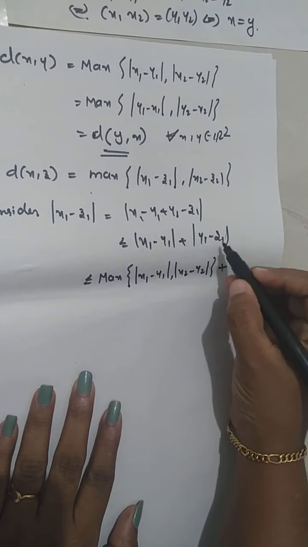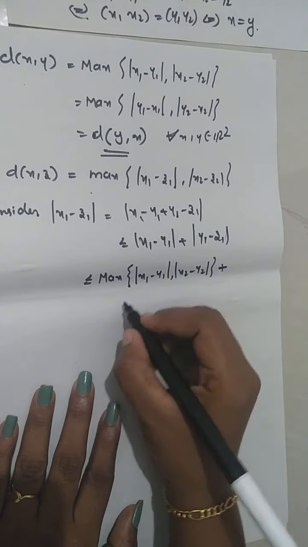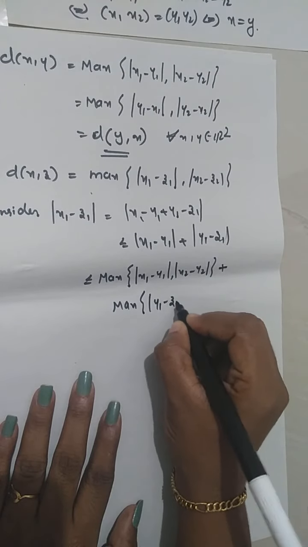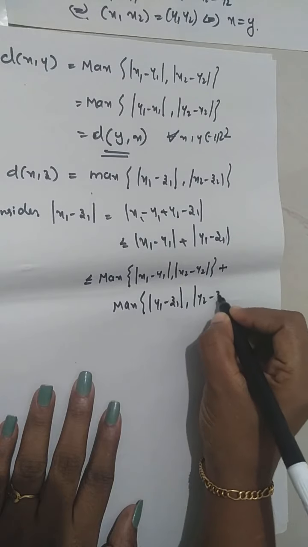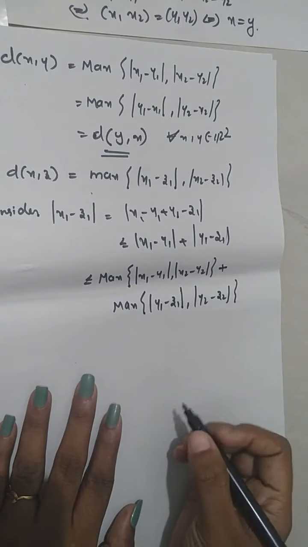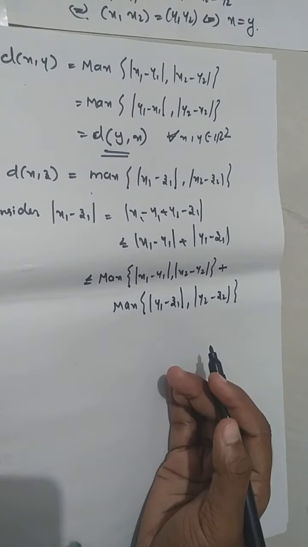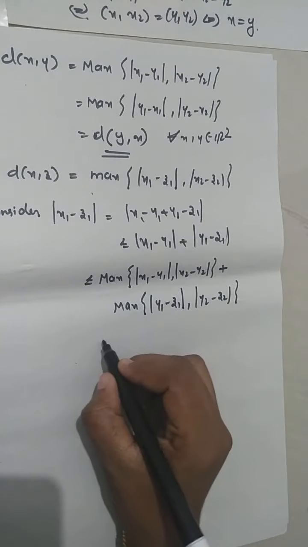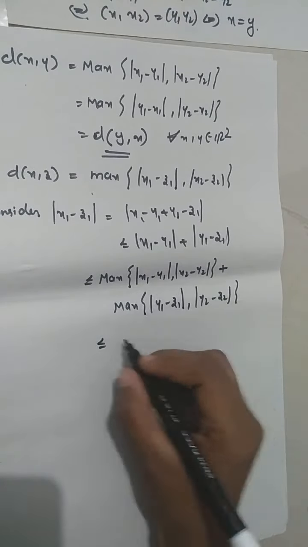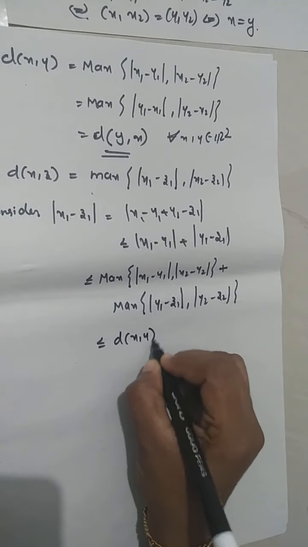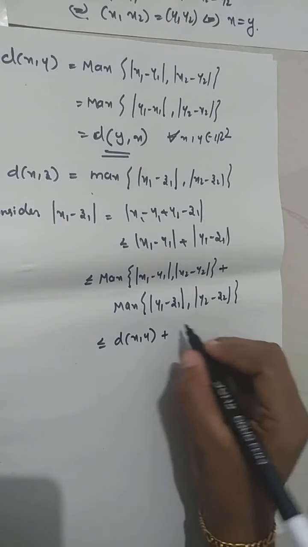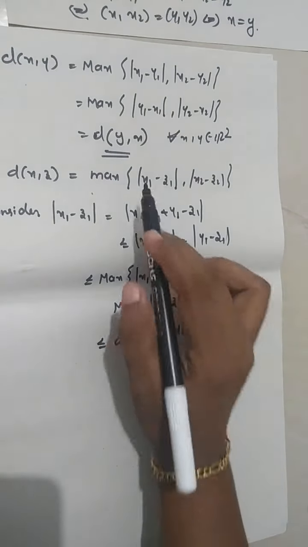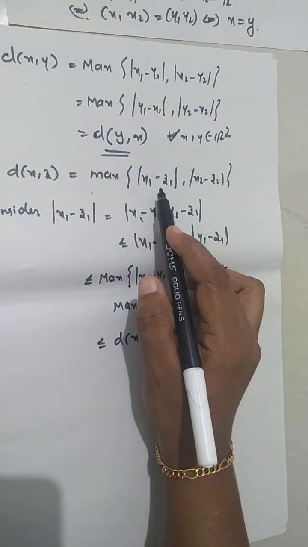Similarly, modulus of y1 minus z1 is always less than or equal to the maximum of modulus of y1 minus z1, comma, y2 minus z2. We replace each term by the maximum of a set including that term. The maximum of the first pair is actually the distance between x and y, plus the maximum of the second pair, the distance between y and z. So we proved that the first term of d(x,z) is less than or equal to this distance.